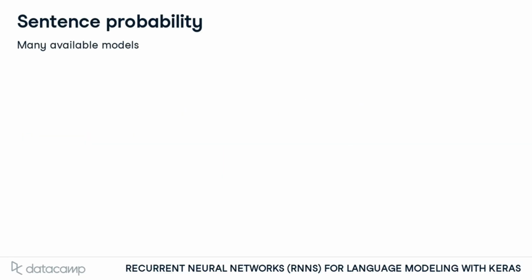Language models represent the probability of a sentence. For example, what is the probability of the sentence, "I love this movie"? What is the probability of each word in the sentence to appear in this particular order? The way this probability is computed changes from one model to another.